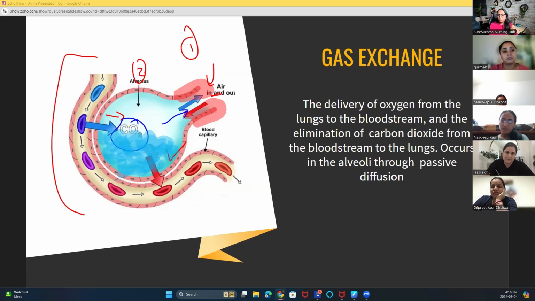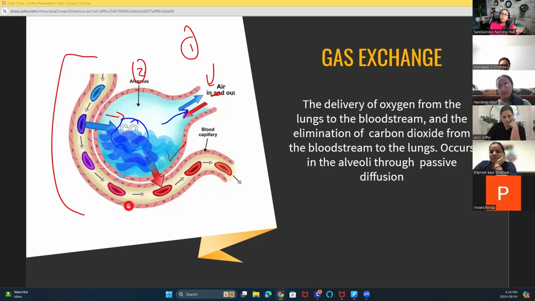Where is the problem? The problem is the perfusion, inside the capillary. Oxygen is not going into the blood and carbon dioxide is not going out of the capillaries. That is the issue.